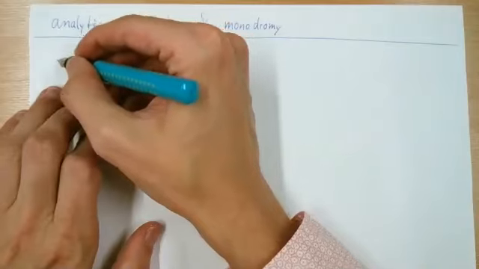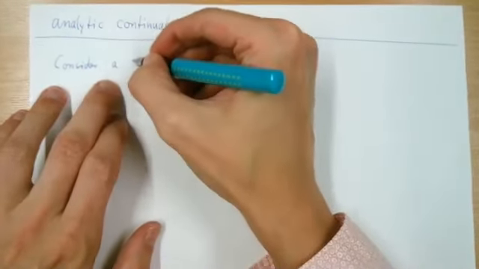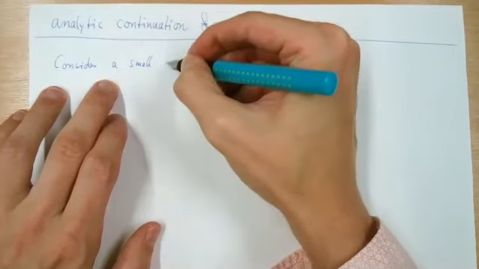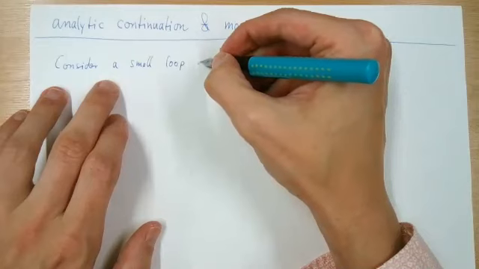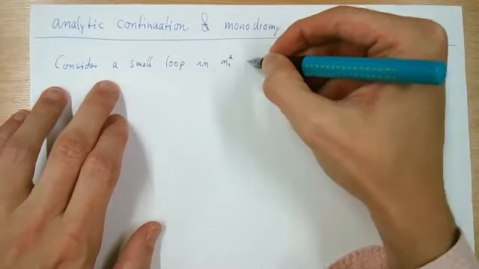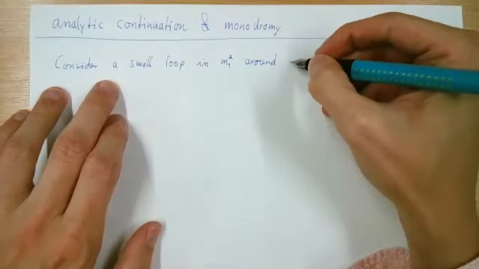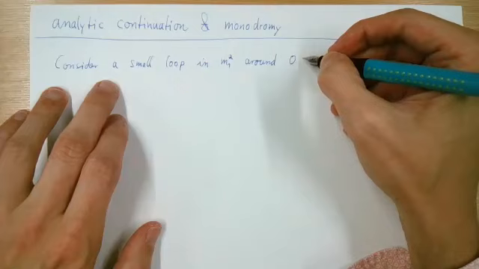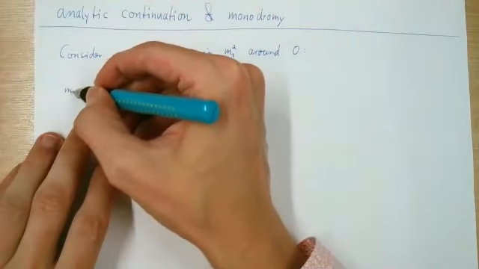Consider a small loop in M1 squared around 0. You think of your coordinate M1 squared.